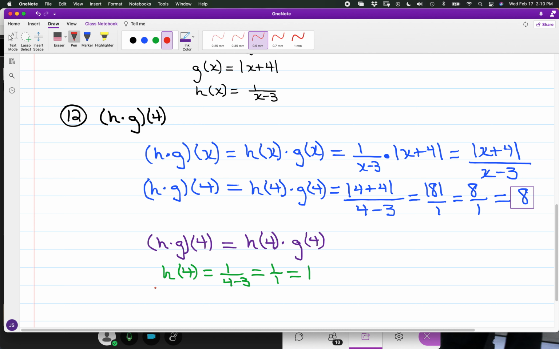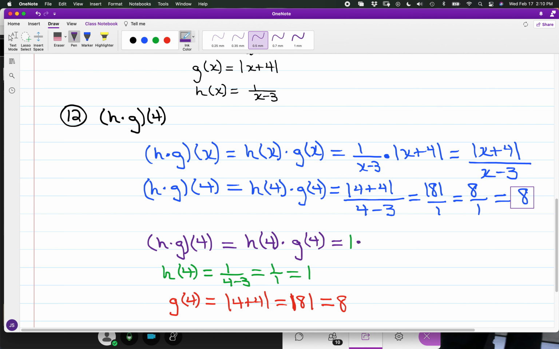And in the case of g of 4, I have the absolute value of 4 plus 4. And so we have the absolute value of 8, and that reduces to 8. And so in the follow through, h of 4 we have at 1.